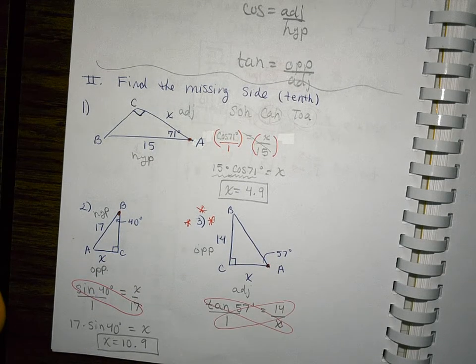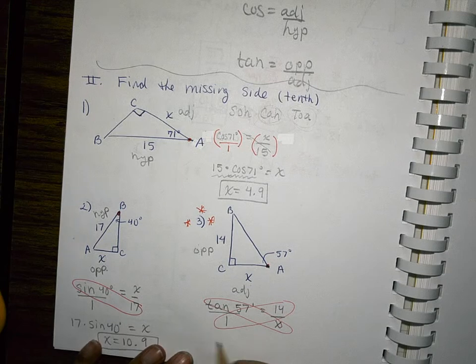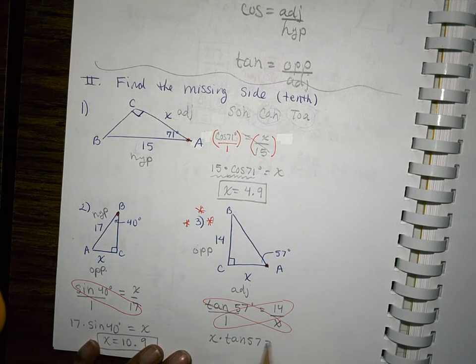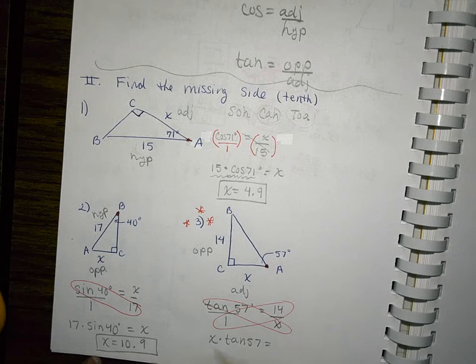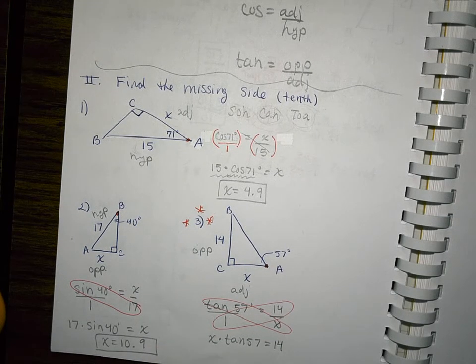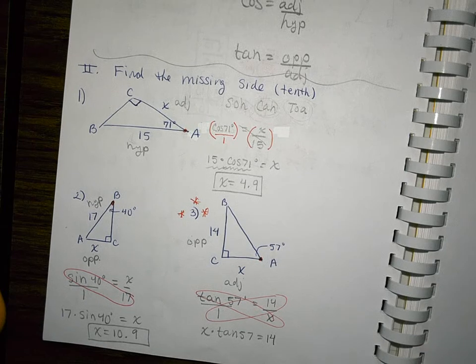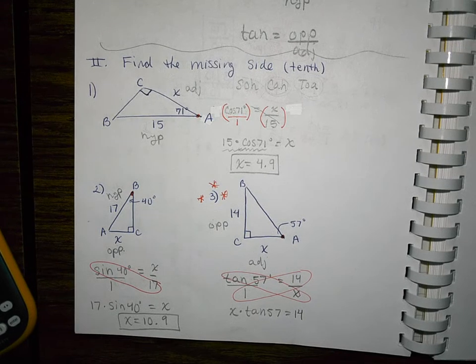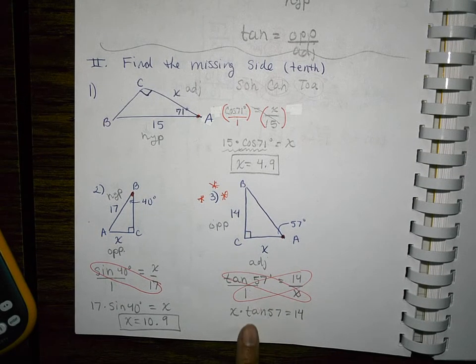X times tan of 57 equals 1 times 14, which is 14. All right, X times tan of 57 is X tan 57.